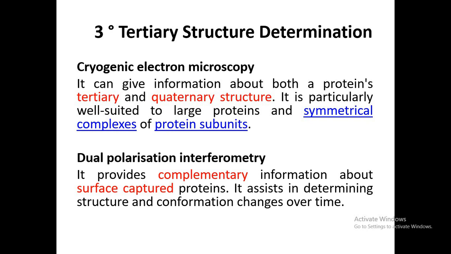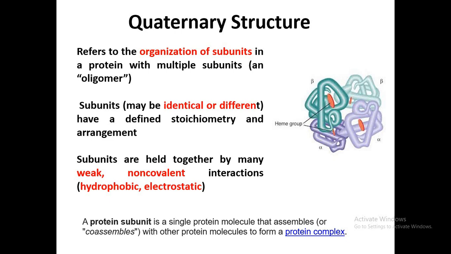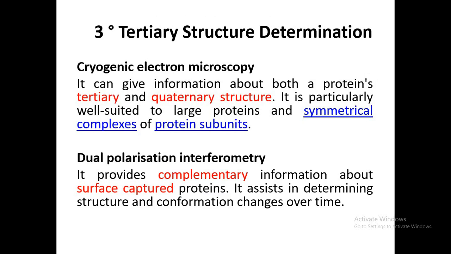Then we have another technique, dual polarization interferometry, which provides us information about the surface capture or complementarity in the protein. So this was all about the 3D structure of a protein, how it could be formed, what it is, and what techniques could be used to find out the 3D structure of a protein.